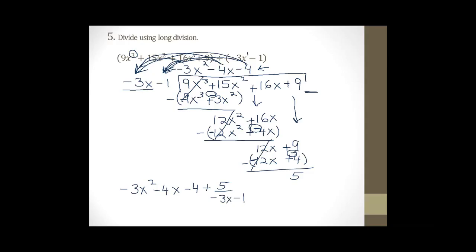On your test, you probably have two boxes, one for this part and then one for the remainder, so you don't need to write this whole thing, you just have to write the remainder, which in this case is 5. But the actual complete solution to this problem would be written like this.